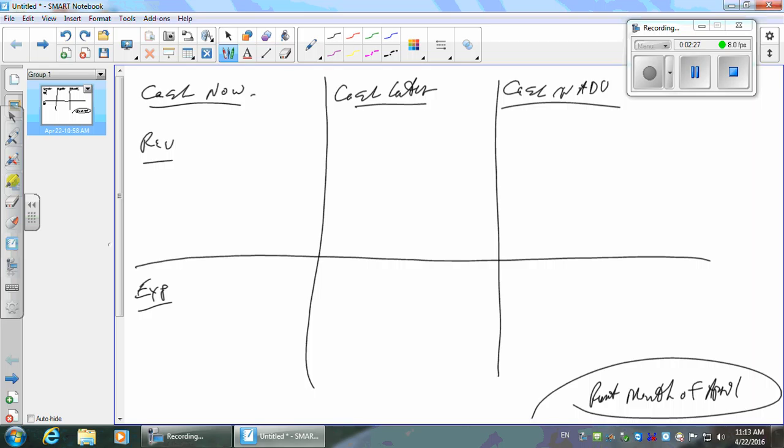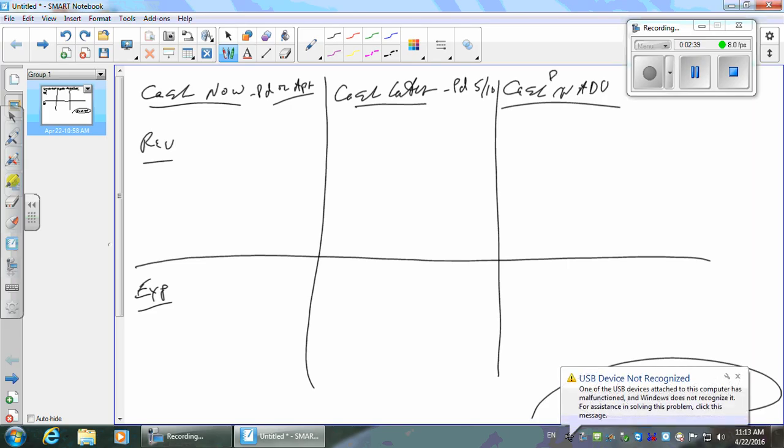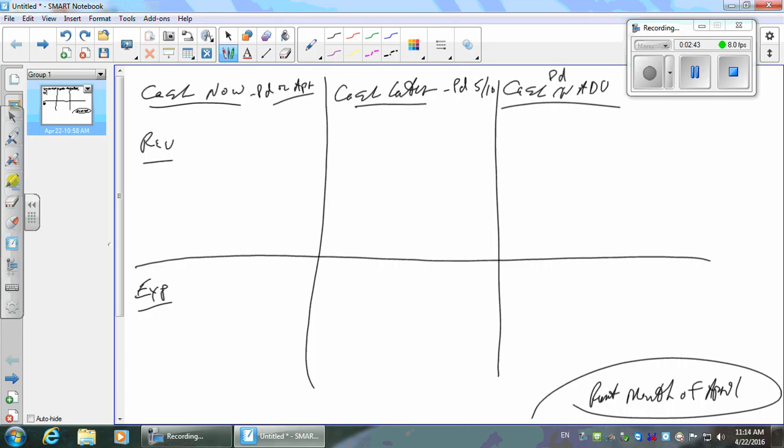So cash now would be paid in April, right? Cash later, let's make it paid 5/10, May 10th. Cash in advance, let's say it's paid sometime before April, 3/25, right? March 25th. Got it? Write those. That you can do it.